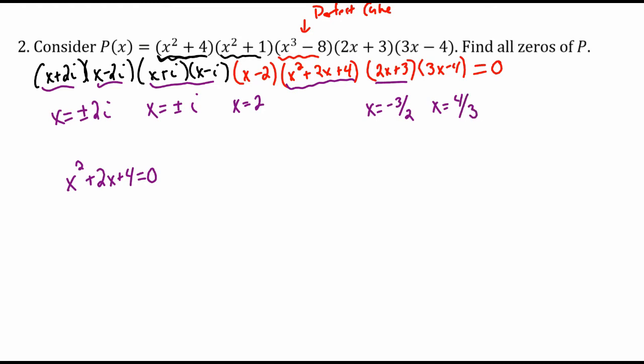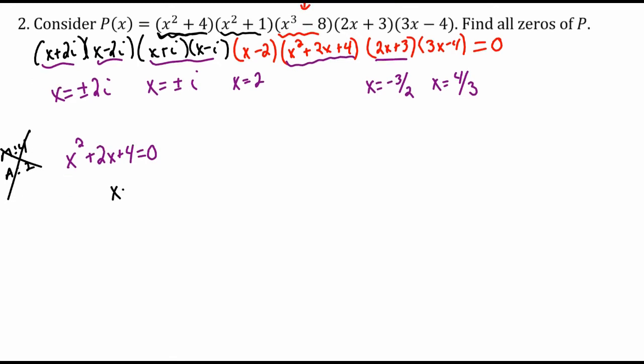So I'm almost there, but I have to deal with this quadratic here. If you try to factor, you're going to end up asking yourself what multiplies to 4 that adds to 2. 1 and 4 don't work. 2 and 2 don't work, so we quit and use the quadratic formula and say x equals negative b plus or minus the square root of 2 squared minus 4ac all over 2 times 1, which is 2, so I'm not even going to write that.